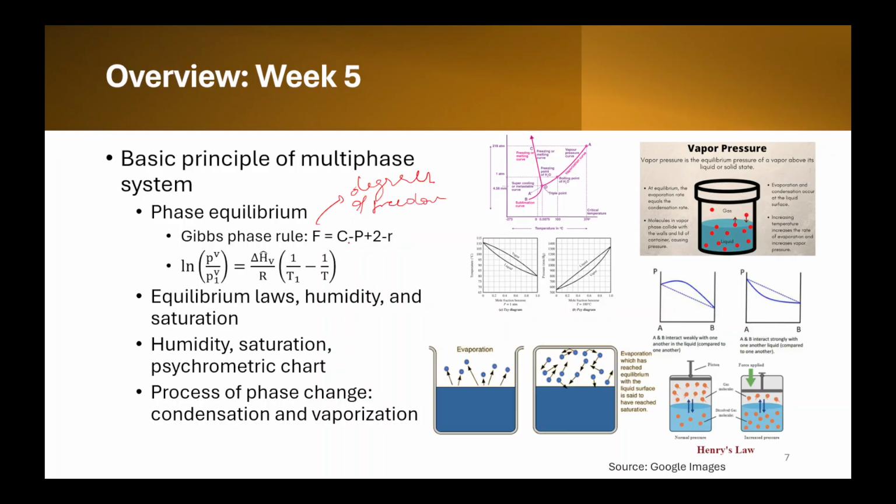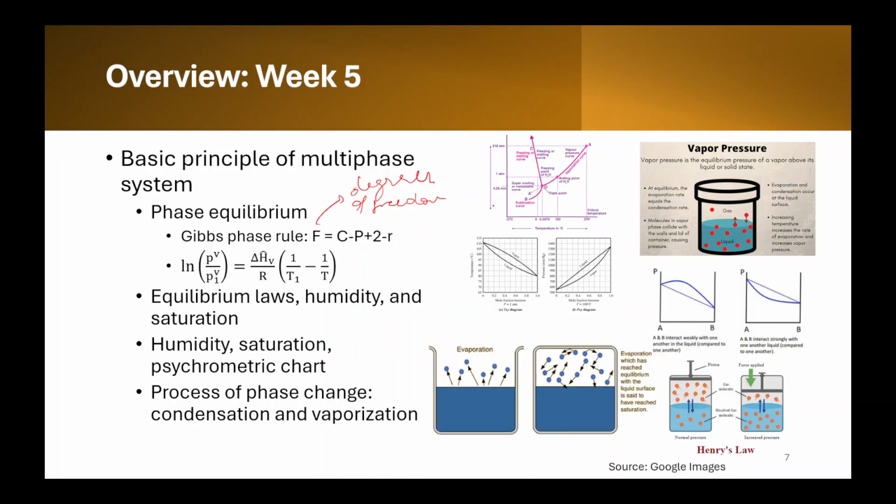Suppose your system has some number of components, some number of phases, and this is an empirical factor. And if a reaction is occurring, the number of reactions. So this gives us the degrees of freedom that need to be fixed so as to appropriately define your system.